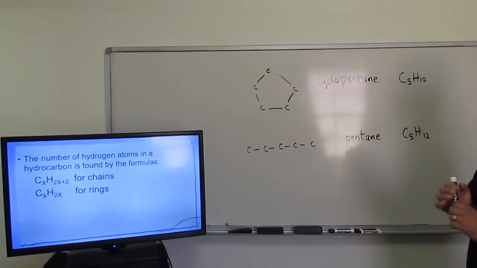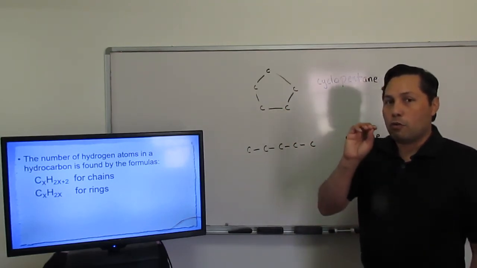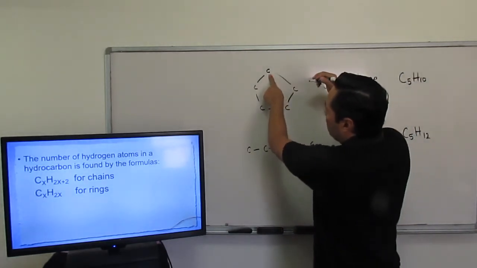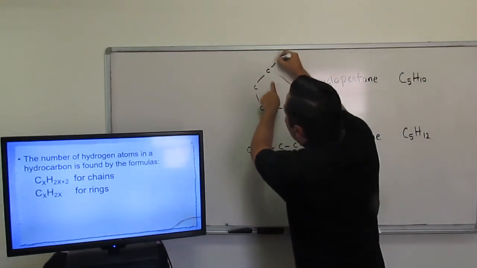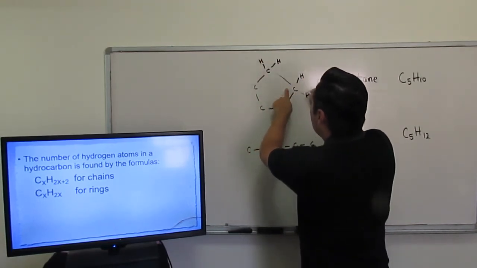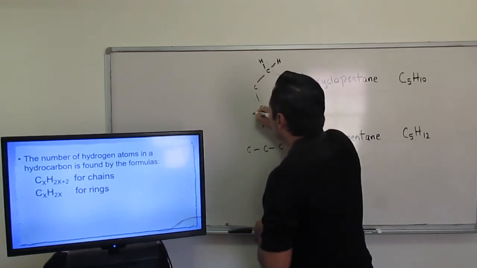Let me backtrack a little bit. Carbon can only have 4 bonds total. So to this carbon atom, I already have 2 bonds, and I'm going to add 2 hydrogens there. Same thing for this one, and so on.